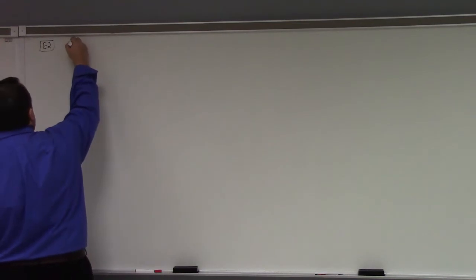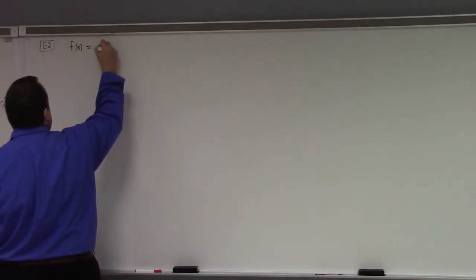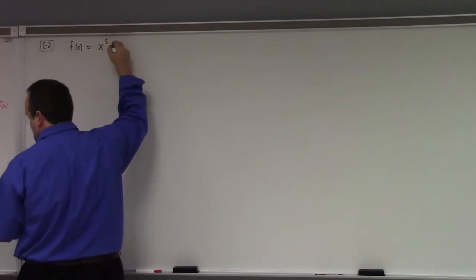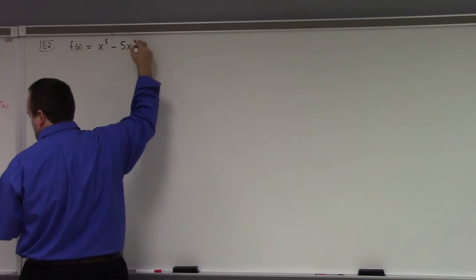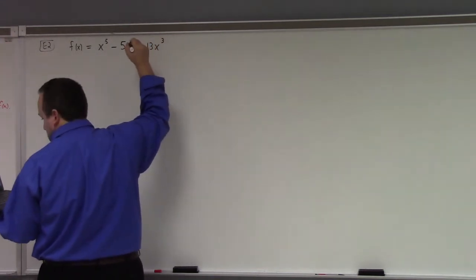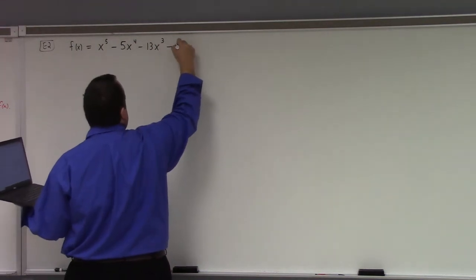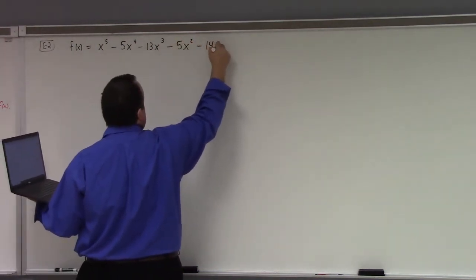All right, so here is an example. F of x equal to x to the power 5 minus 5x to the 4th minus 13x cubed minus 5x squared minus 14x, all right?